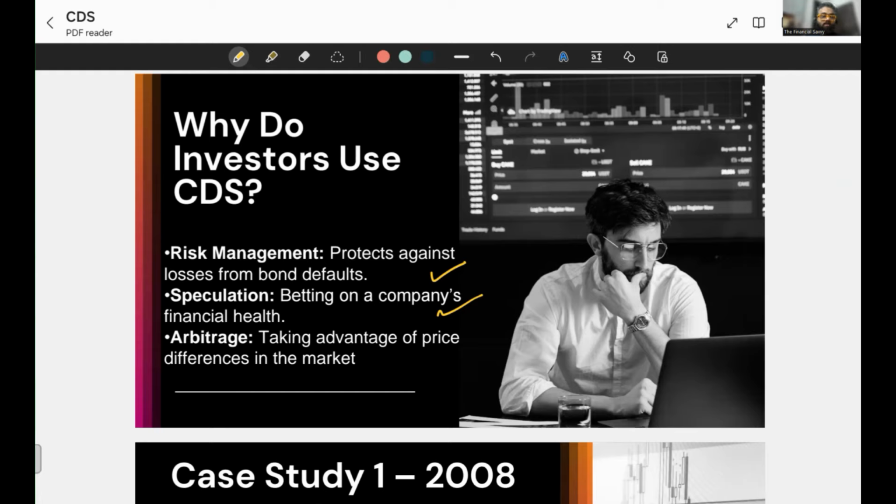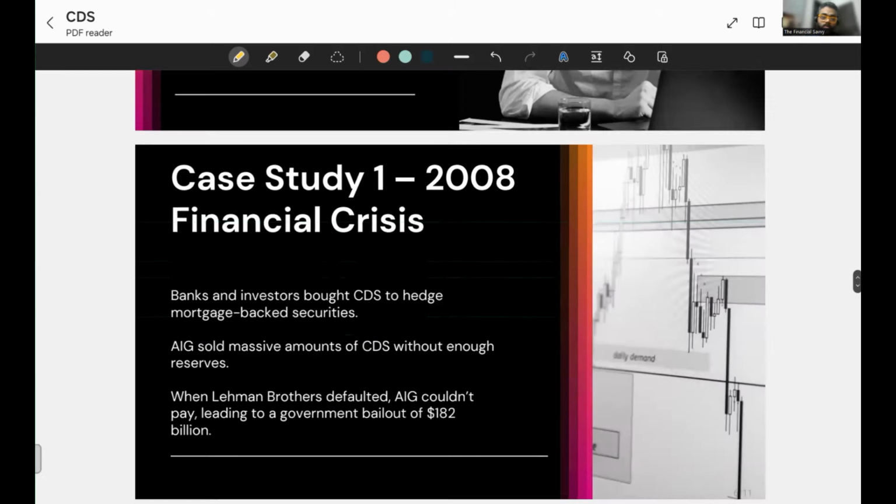Although the primary use of CDS was designed as a risk management tool, now many people use it to make big bets, like I explained, for the purpose of speculation in the financial market, and sometimes for arbitrage as well. Now I'll try to explain some case studies, how CDS are used in those scenarios and what happened.